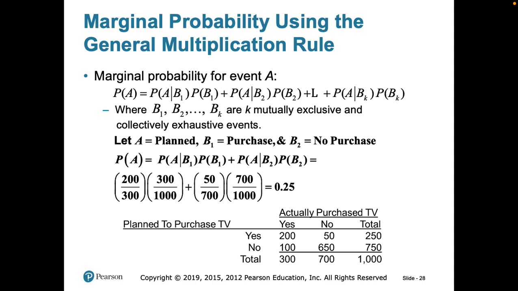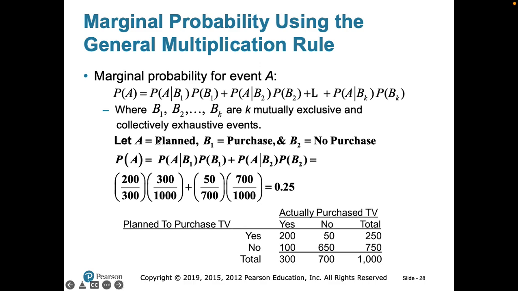So the probability of those who plan to purchase a TV equals the probability of planning given those who purchase the TV, times the probability of those who purchase the TV, plus the probability of planning given those who did not purchase the TV, times the probability of those who did not purchase the TV.